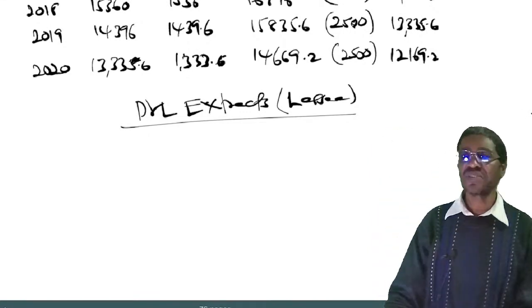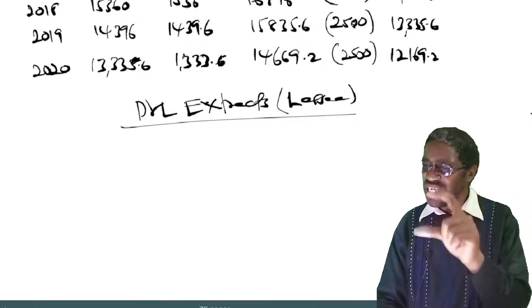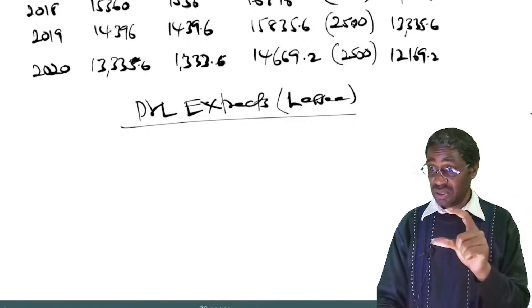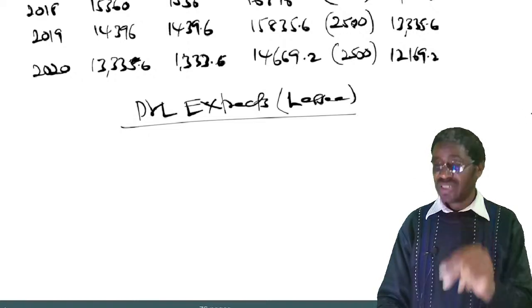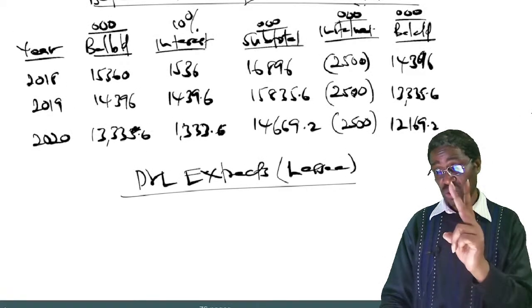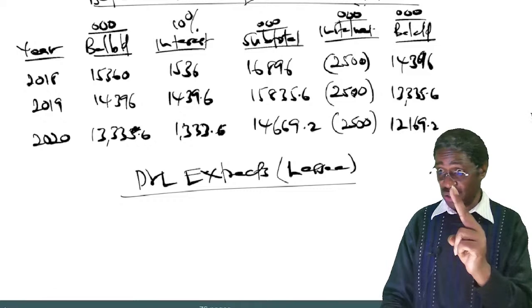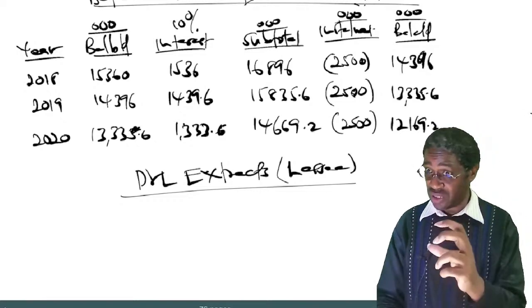Listen carefully. In the P&L account of the lessee, what are the things that will appear there? 2 things. 1, the interest charge. 2, depreciation. Remember, the lessee is recognizing a right of use asset.